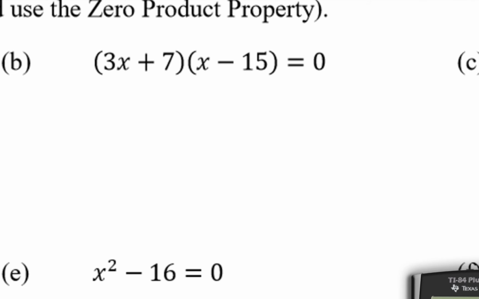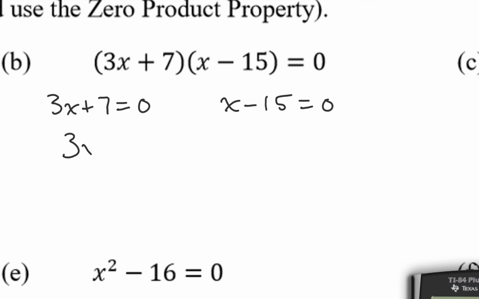On the next one, again, I'm going to set each of these factors equal to 0. So 3x plus 7 is 0, and x minus 15 is 0. That means 3x equals negative 7, and x would be negative 7/3.